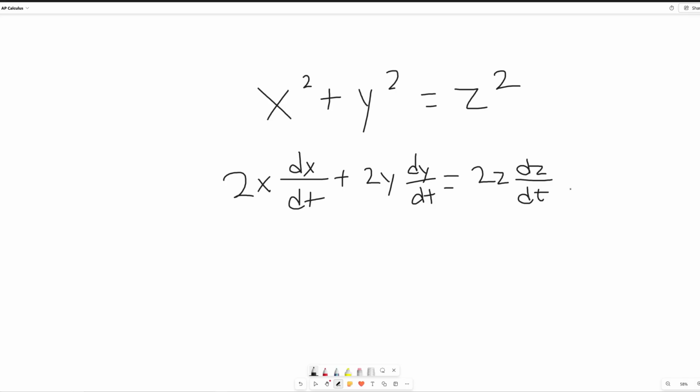Whatever variable it is, whether it be a, b, c, d, e, f, g, whatever letter, it will just be d, that letter, over dt. That's what you always have to tack on.